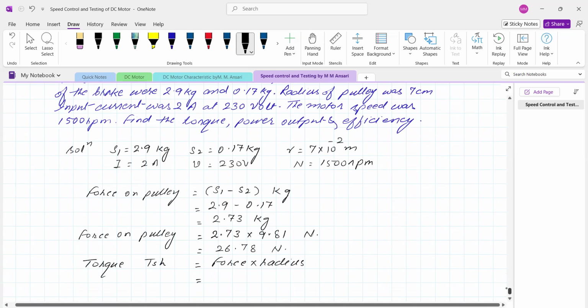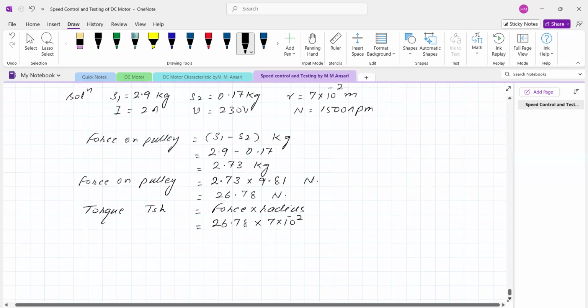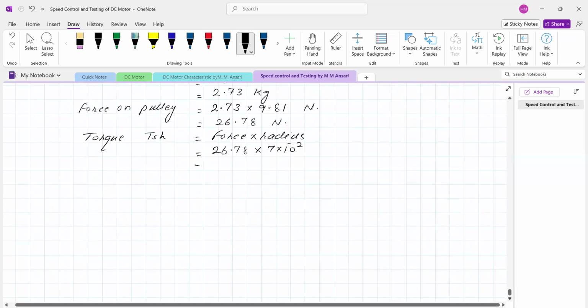So it is equal to 26.78 multiplied by 7 into 10 raised to minus 2, which is equal to 1.8746 Newton meter. So this is the shaft torque. So the first part is over.